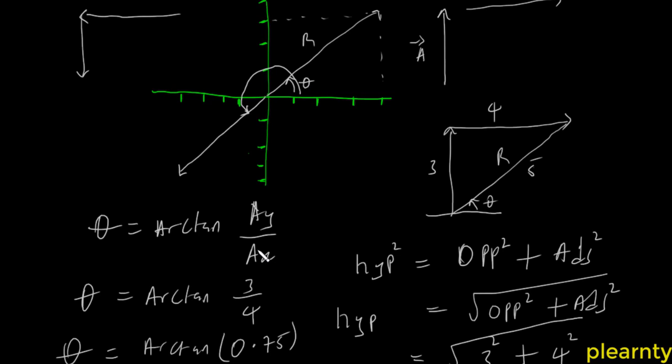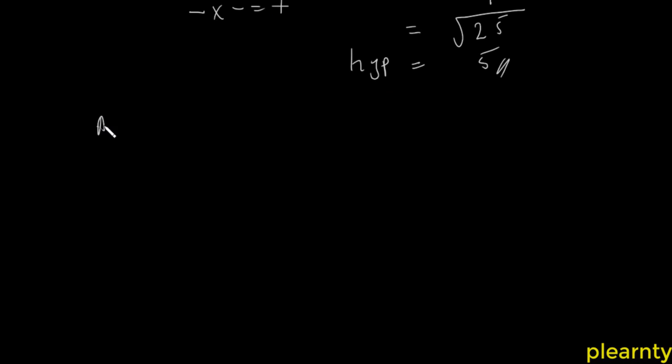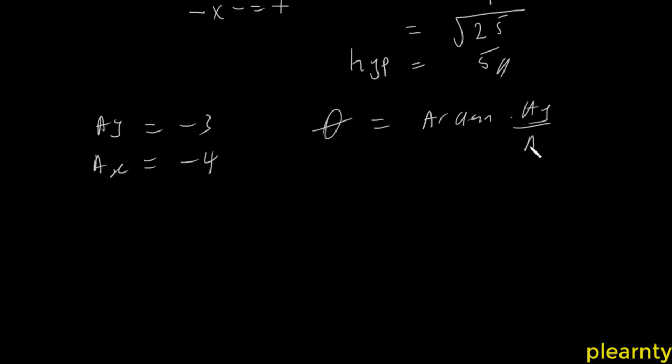Now, to get the theta of this, ay would be minus 3 and ax would be minus 4. So we say theta is equal to the arctan of ay over ax, and we are going to have arctan of minus 3 over minus 4.